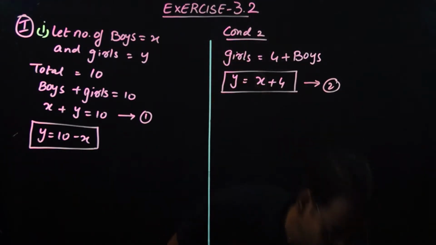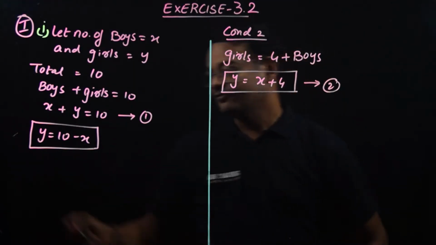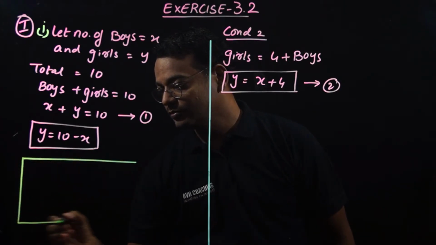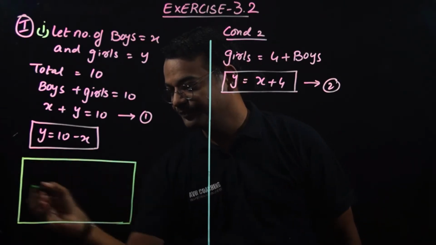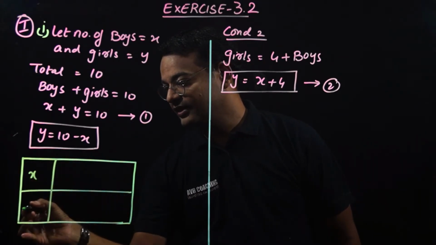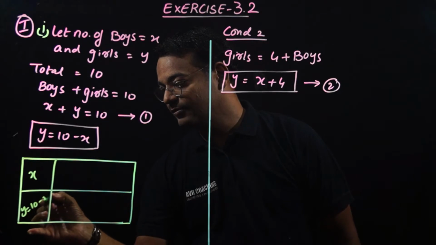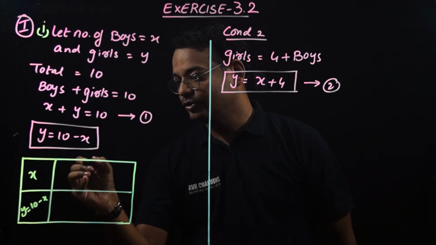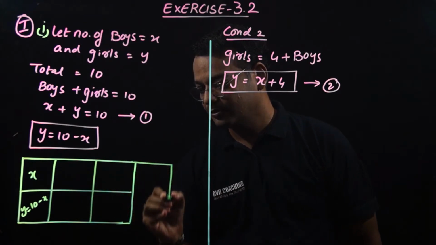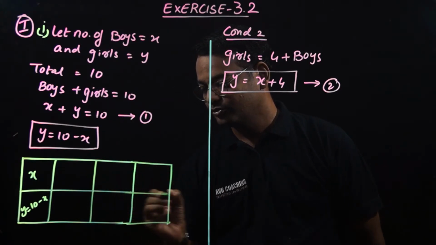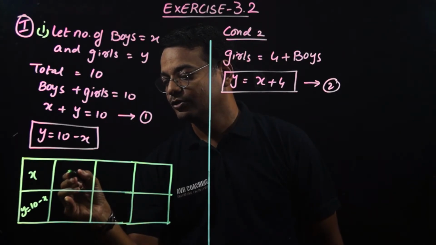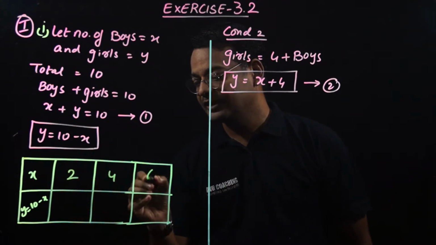Now coming to the graph part, we will take a table and assume x values. So this will be x values and this will be y equal to 10 minus x. I am going to take 3 values: 2, 4 and 6.